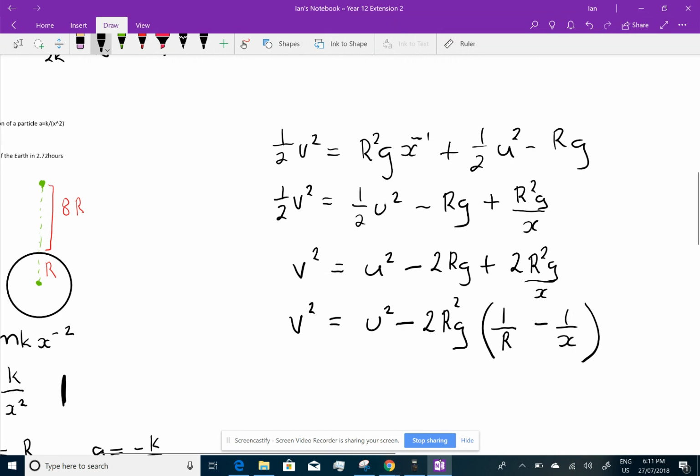All right, so I took out an r squared g, I got 1 on r, that'll just equal that. I've got my minus there, and that is what I needed to prove.